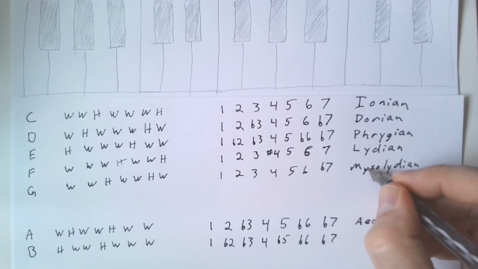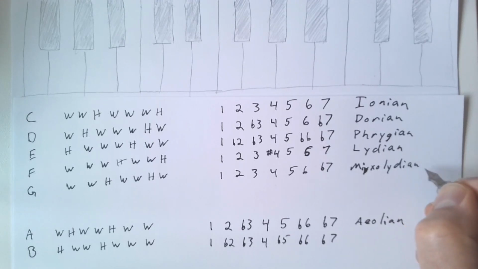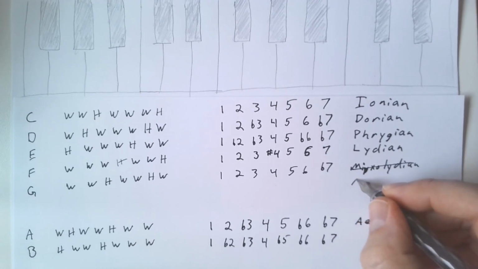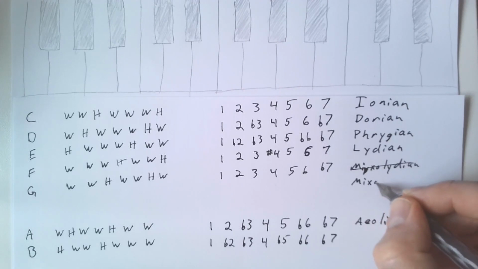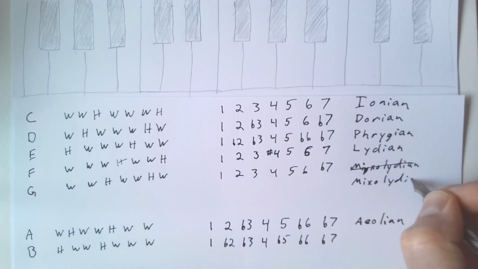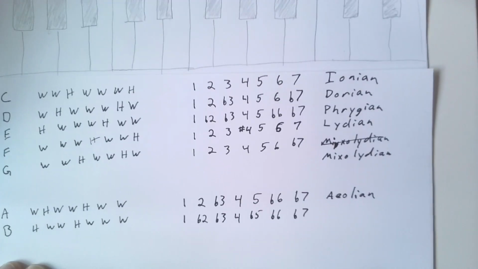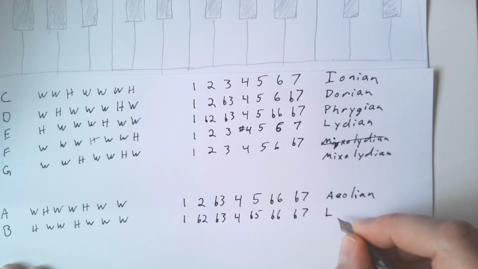I think I did misspell that. Mixolydian. Since I've got the extra space, why not just write it correctly again? Okay? And finally, B is going to be Locrian.